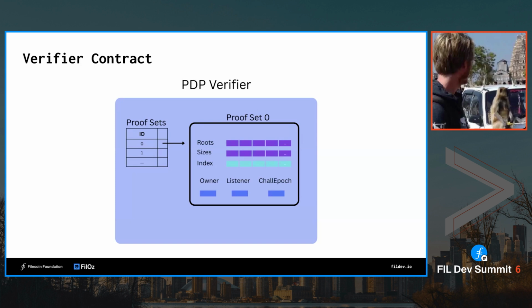The listener is an address which the contract will always call to inform state updates to the verifier, which allows a really nice programmable model. So really the whole verifier is a bunch of proof sets and some addresses for receiving and sending, and some metadata for making sure that proving happens right.